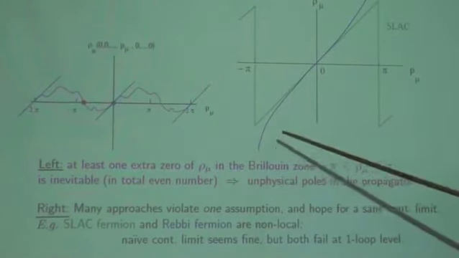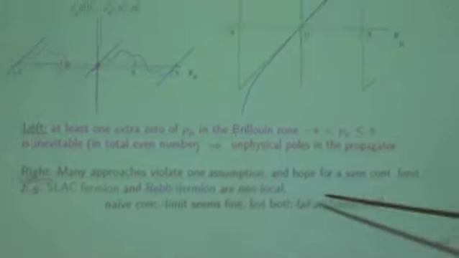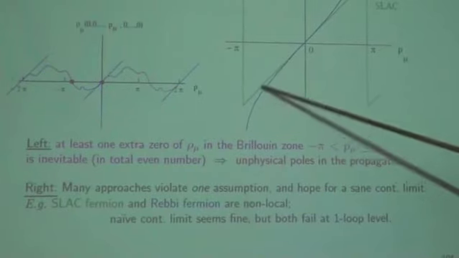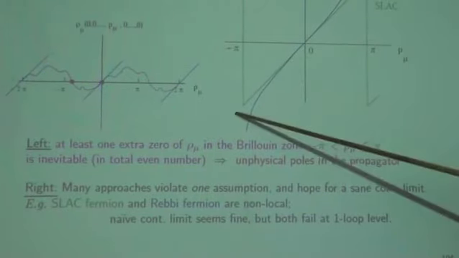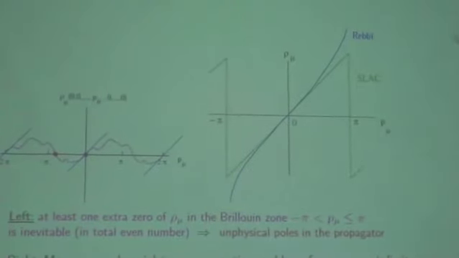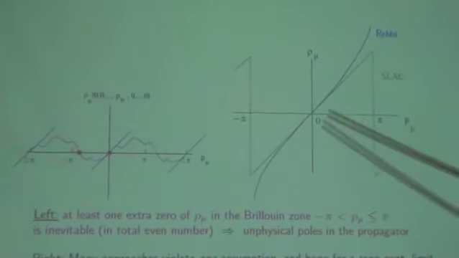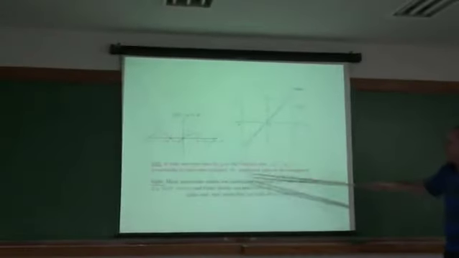Of course, if you introduce jumps, then you can do it. And some people actually suggested that. The SLAC group said, well, just take the continuum dispersion relation up to the edge of the Fourier zone with a finite jump, then it's periodic, but it is non-local. Then you give up locality, and then also Rebbi suggested even an infinite jump here.